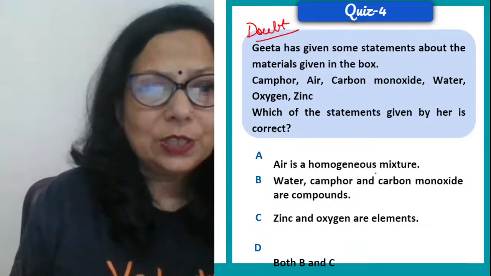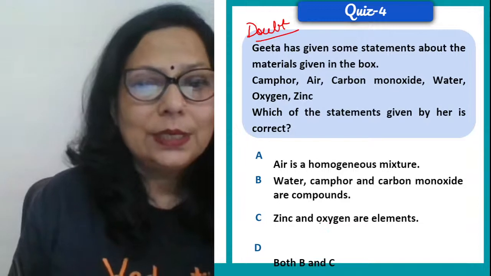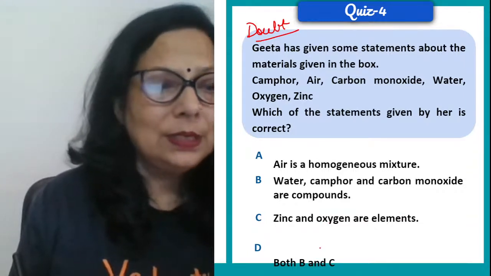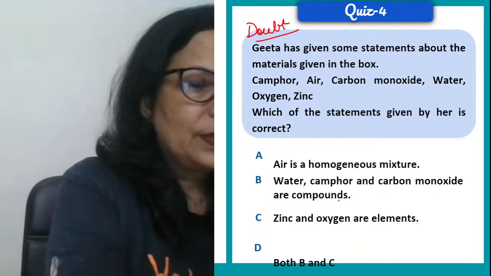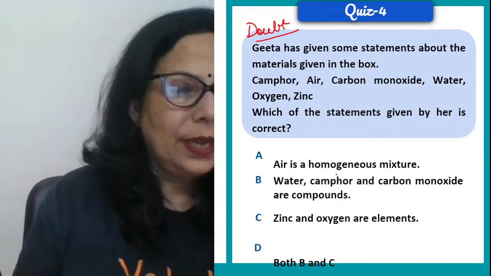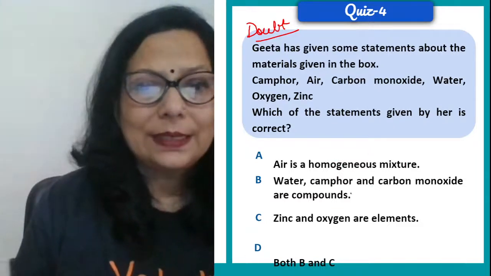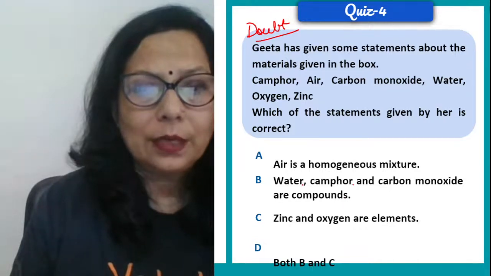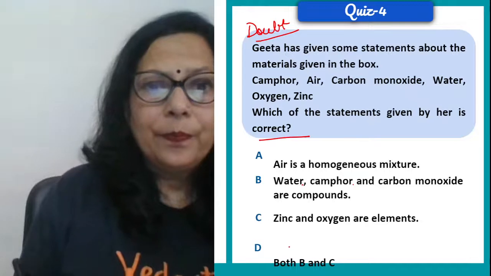Air is a homogeneous mixture. Water, camphor, CO are compounds. Zinc and oxygen are elements. Both B and C. Which will be your answers? Yes. Still only 6 likes have gone. You have to tell which are correct.